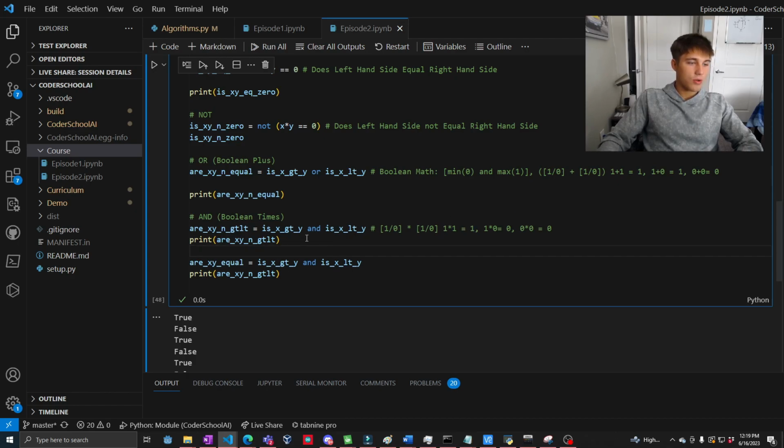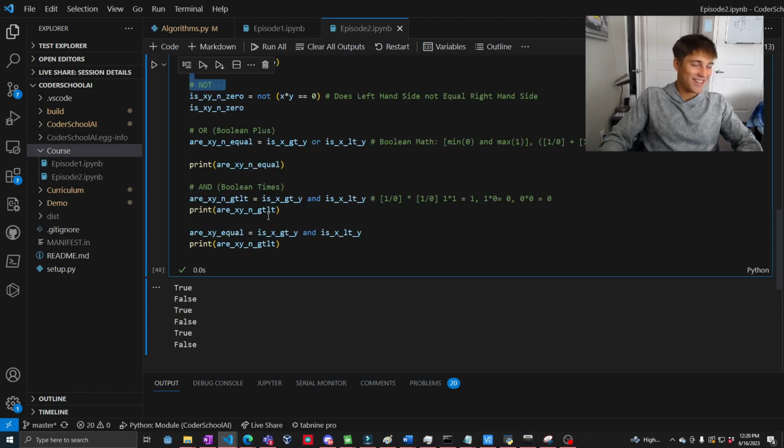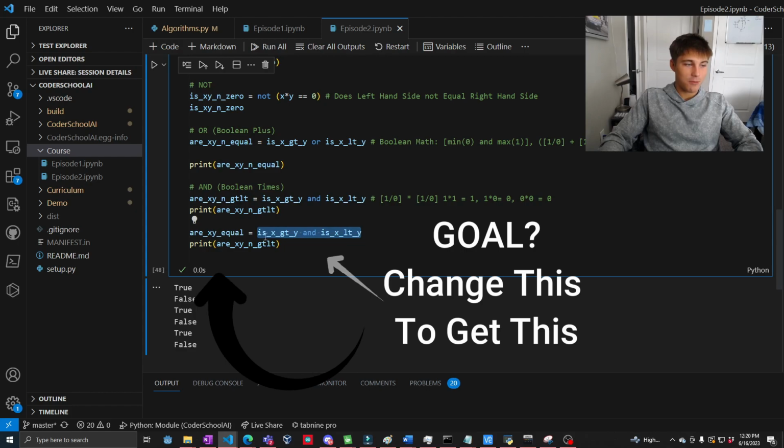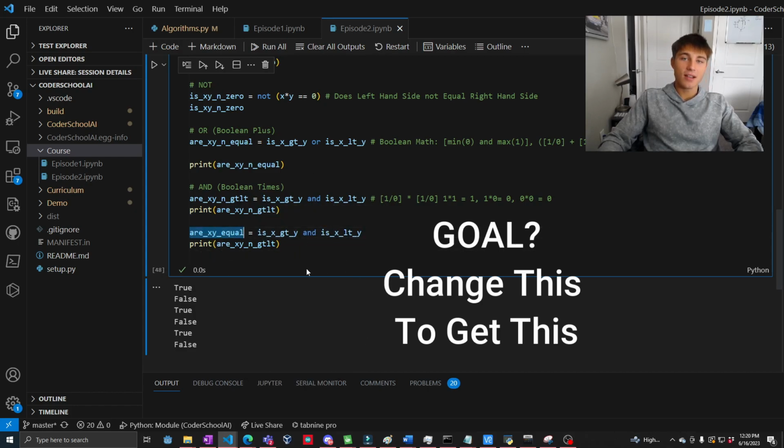So what I want you to do is manipulate this expression. I'll give you a little hint. We're going to be using this not to manipulate this expression to print whether or not these two are equal. So I'll give you guys a quick second, pause the video here, and try this out if you're following along.